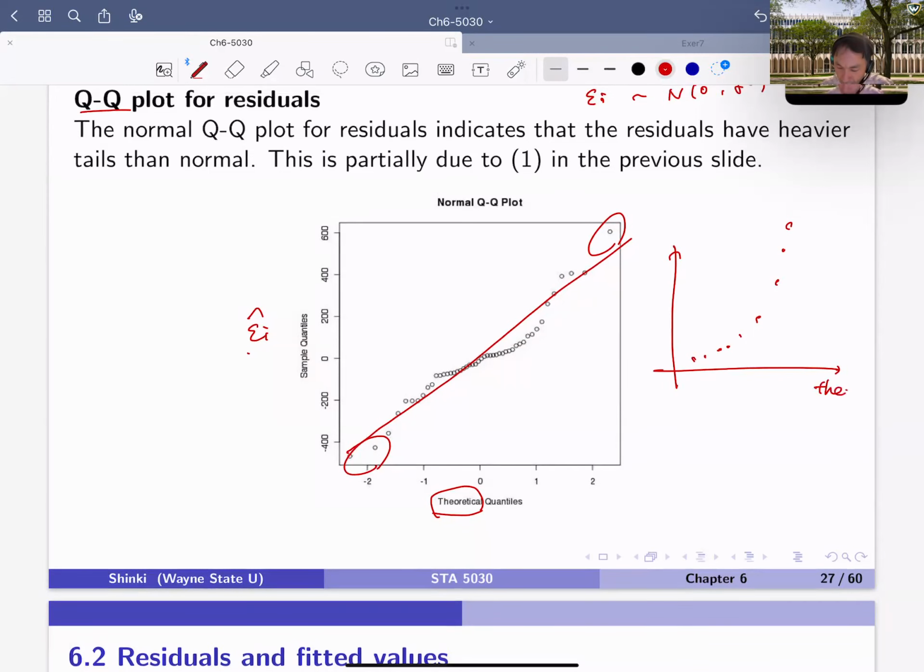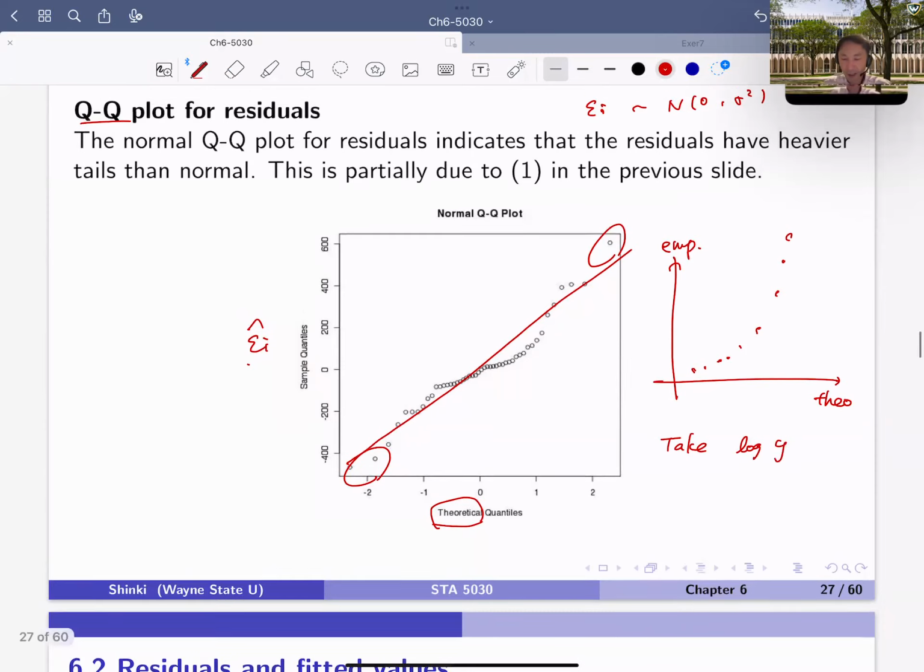is theoretical, this is empirical. Then take log scale of y. So y into log of y. Then usually this kind of problem is solved. So we have to do some transformation of variable.